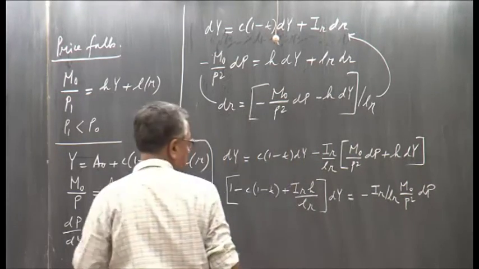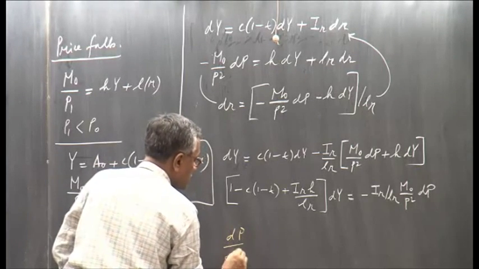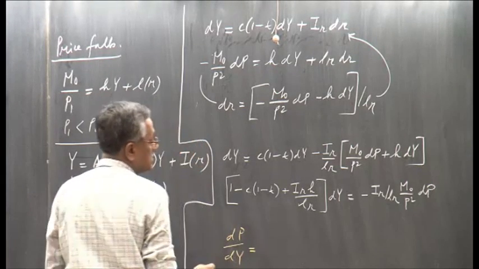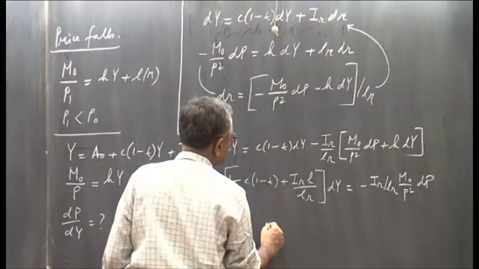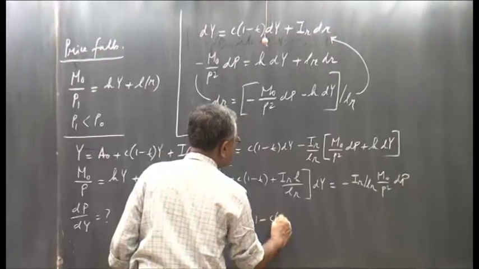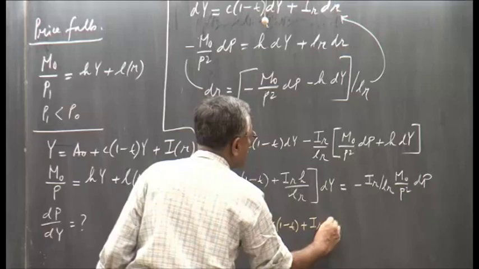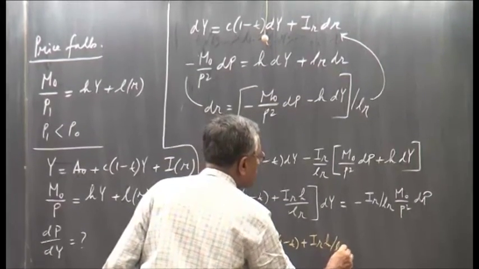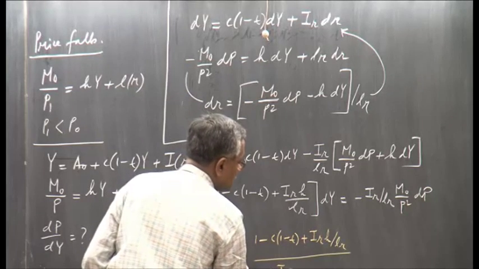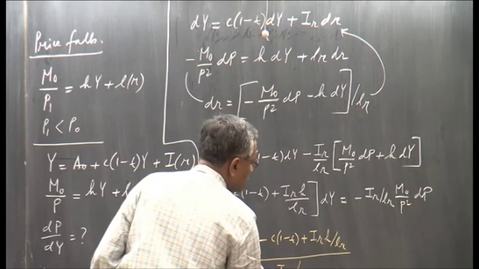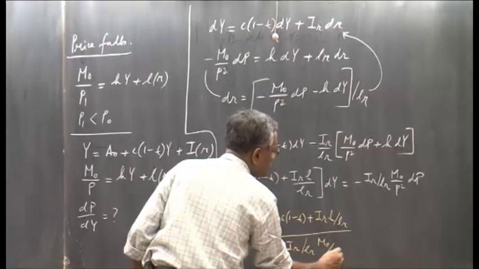So how much is dP/dY? dP/dY is equal to 1 minus c into 1 minus t, that multiplier denominator, plus IR H over LR, divided by minus IR divided by LR, M naught over P squared.